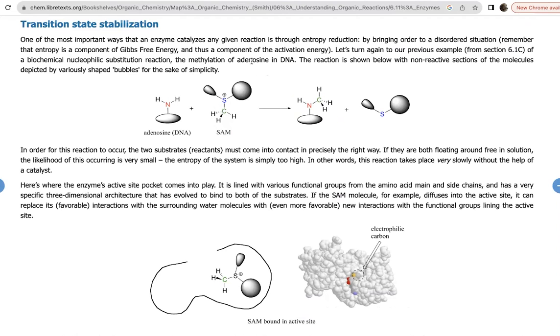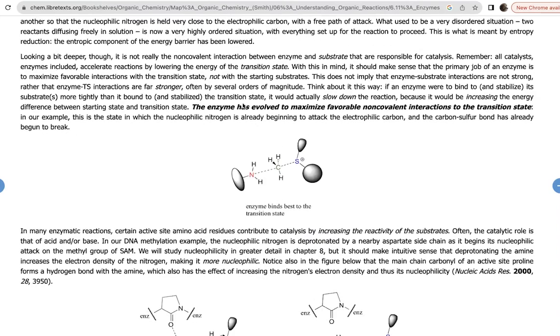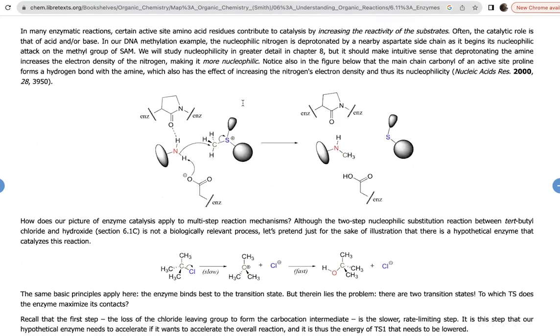For now, just see that we have this molecule called SAM, with a methyl group attached to the sulfur. We want to transfer this methyl group from SAM onto the amine group of adenosine. In order to do this, the adenosine has to attack this carbon and kick off this part, and the enzyme is going to help out.